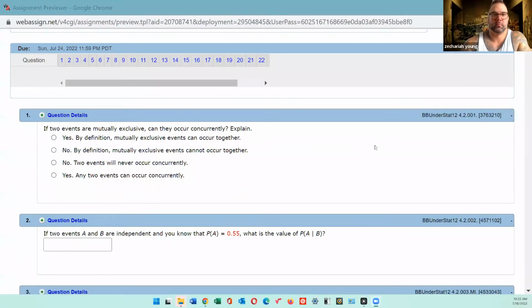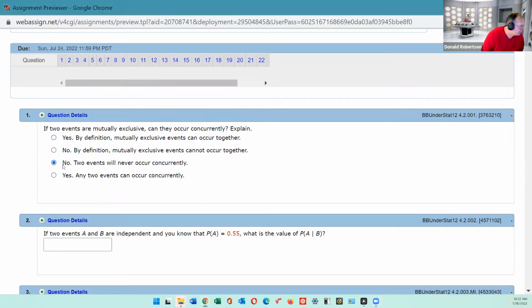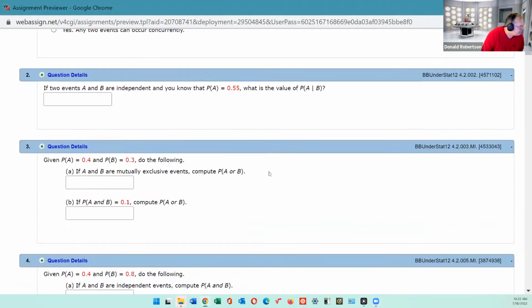So I hope you're looking at if 2 events are mutually exclusive, can they occur concurrently? That's a weird word, but the answer is no. Okay, if 2 events A and B are independent, and you know that the probability of A is 0.55, then what is the value of A given B?